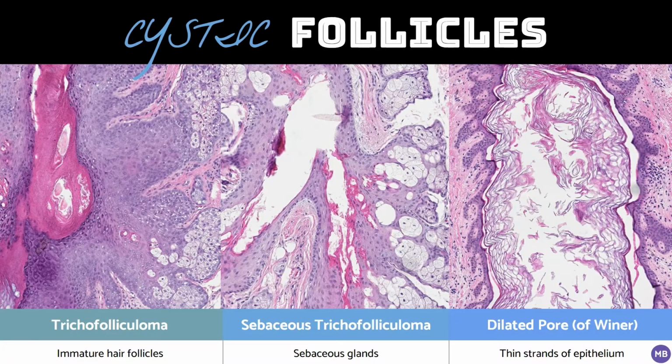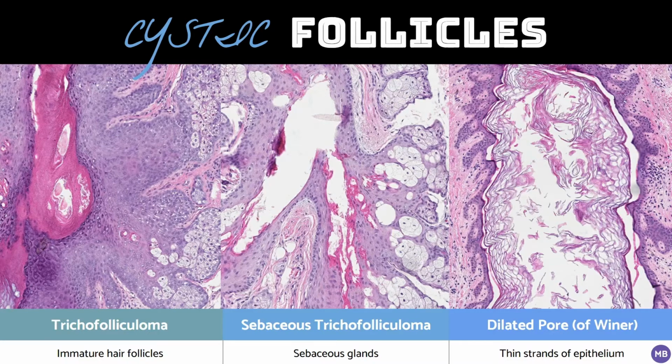The differential for a cystic follicle includes other rare entities, all of which are non-neoplastic or benign. The most distinct is sebaceous trichofolliculoma, or folliculosebaceous cystic hamartoma, which is basically a conventional trichofolliculoma, but with only sebaceous lobules budding off of it.